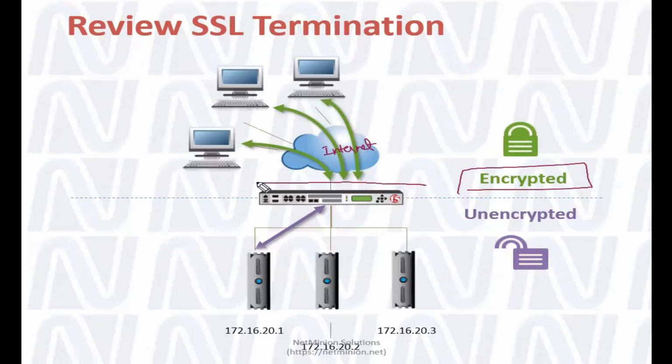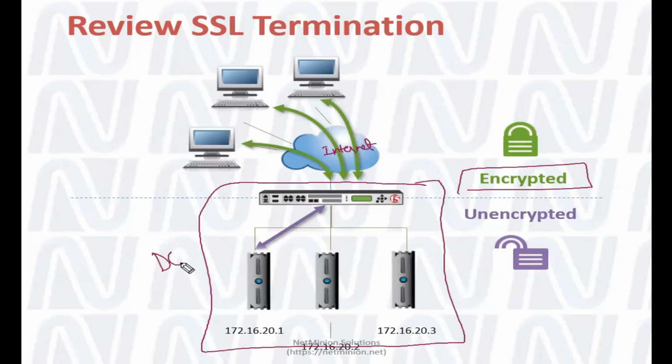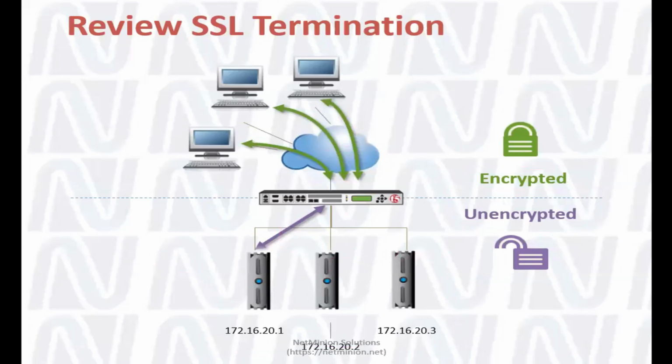Whereas since these two components are residing in the same data center, it can be unencrypted. Why put unnecessary burden on the servers? So it is plain, unencrypted traffic, and this possibility very much happens in the environment. And that is SSL offloading. I will talk about it. Yes, you are right, that is SSL offloading.